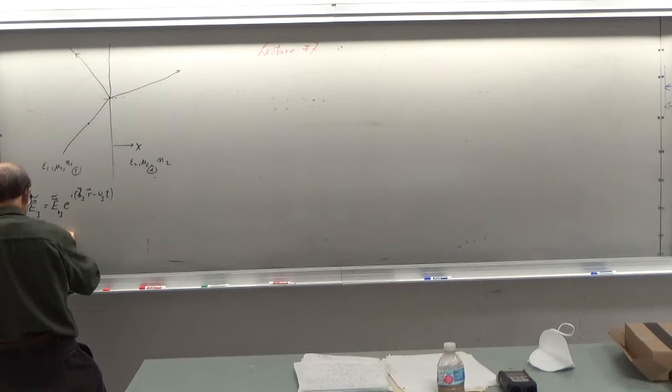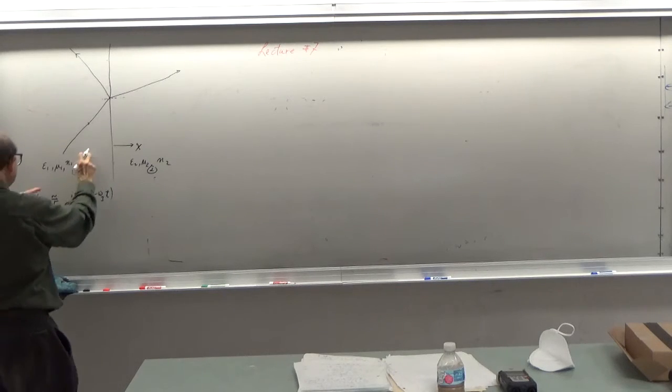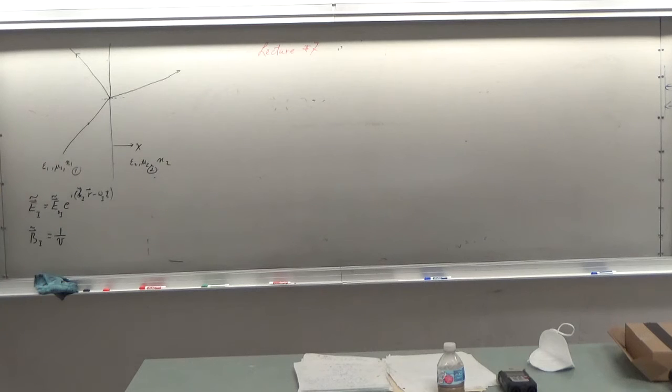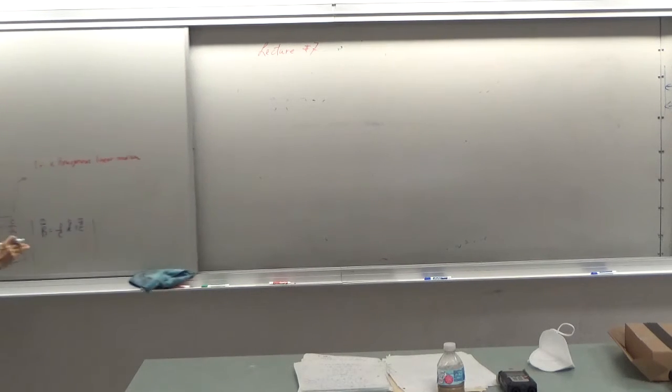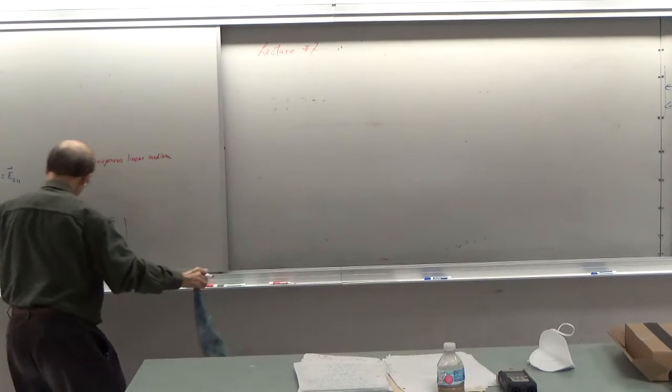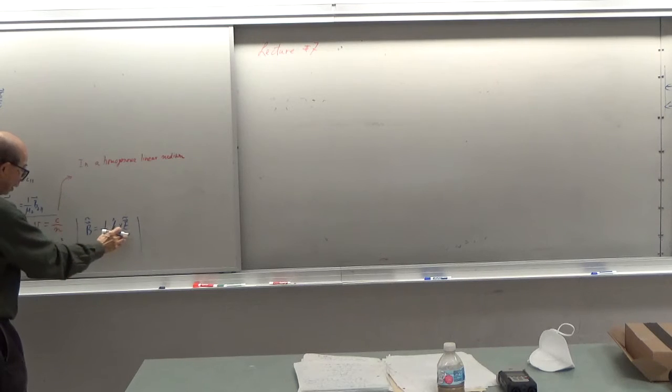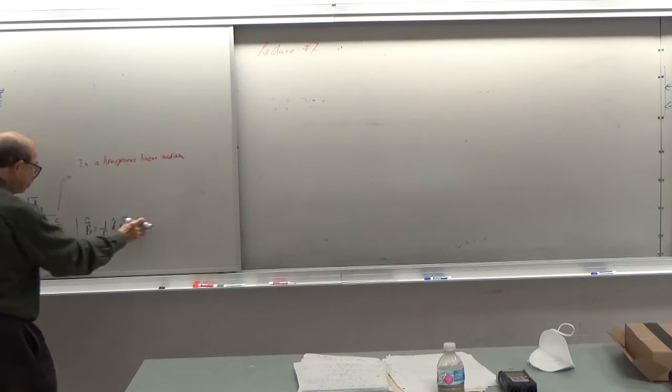Let's replace the 1 over c by 1 over v; oh, I forgot that you cannot see this. I was pointing out that B is related to E by the unit vector of propagation cross E divided by the speed of propagation.